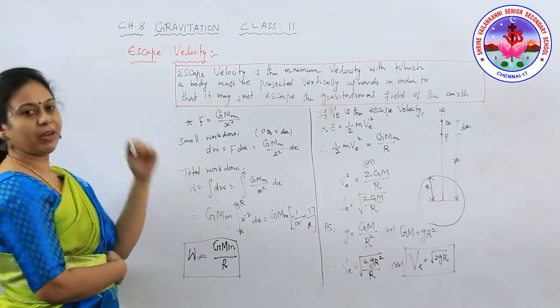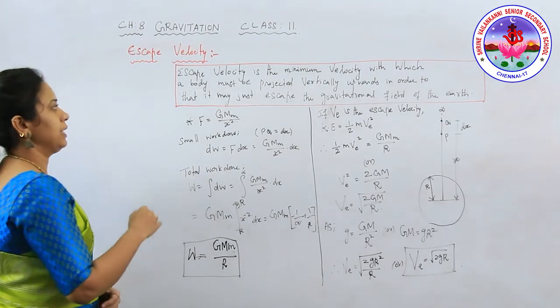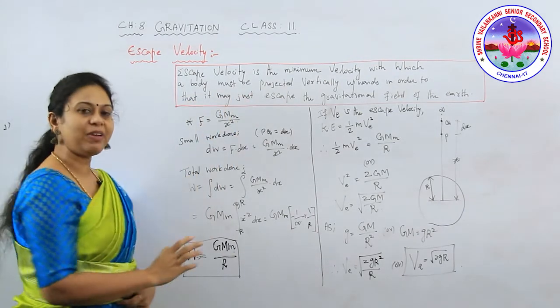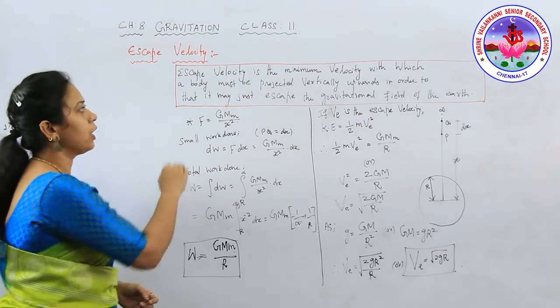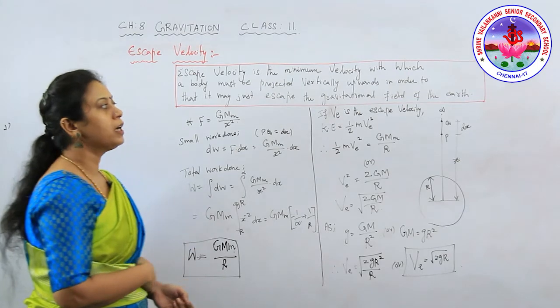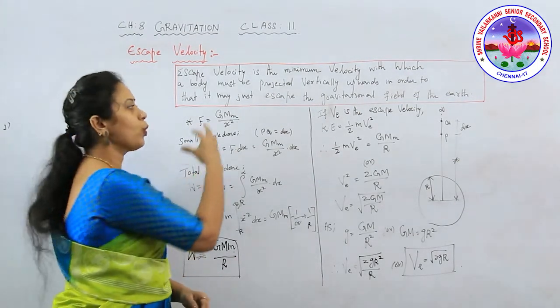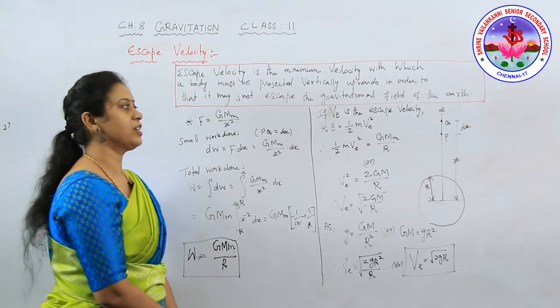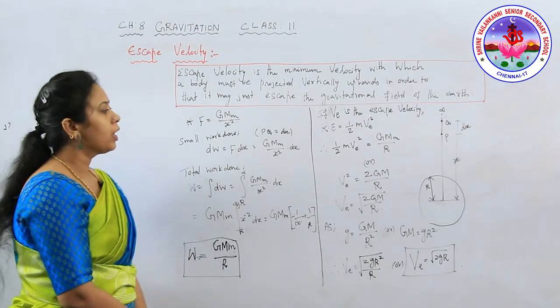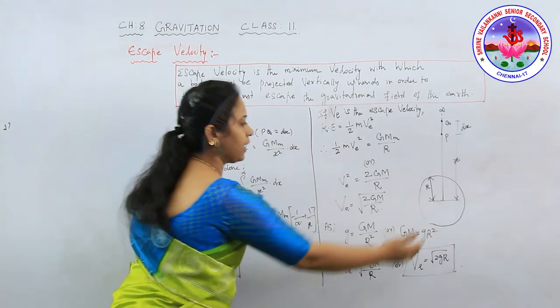Escape velocity is the minimum velocity with which a body must be projected vertically upward in order to escape the gravitational field of Earth. See the diagram, children.